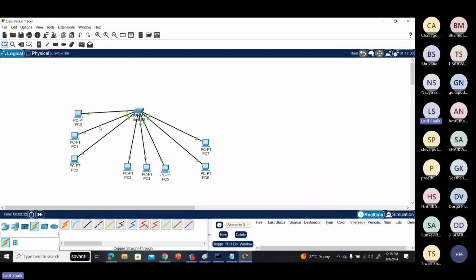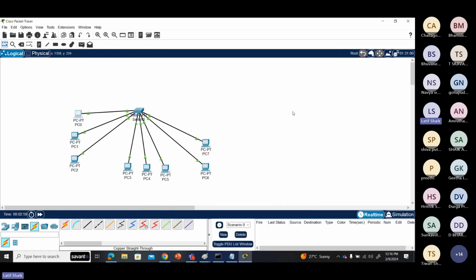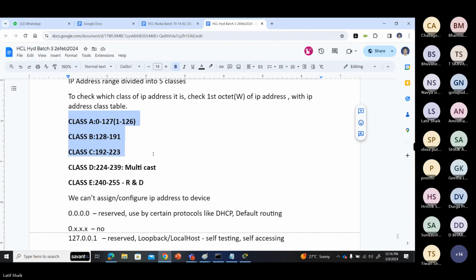Three is enough. To see whether they are able to communicate or not, you can check from here to here. The packet is communicating successfully, because physically they are connected and logically they are in the same network, the 10 series network only. This is the network portion. So the devices are connected and we assigned IP addresses, so they are able to communicate with each other.